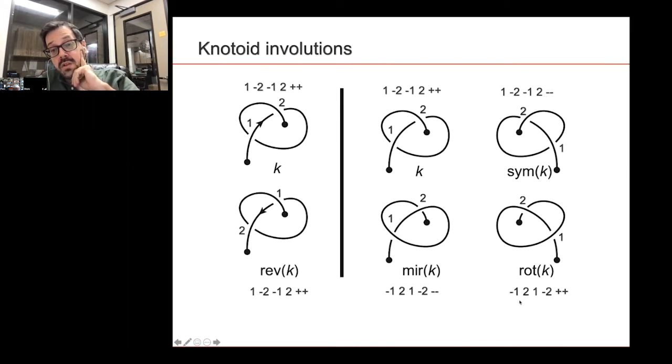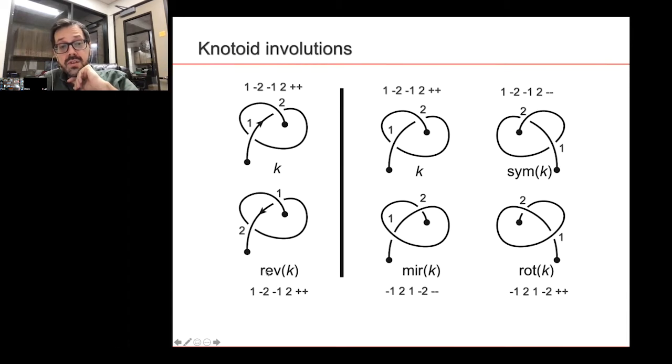And the rotation is actually changing the over-under information, but keeps the same parity. So these are the 3 involutions that play an important role, because if you choose a strong enough knotoid invariant, like the double branched cover, all of these get different values. So you can actually distinguish all 4 of them with a double branched cover.